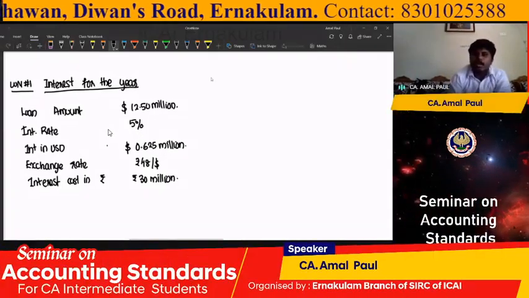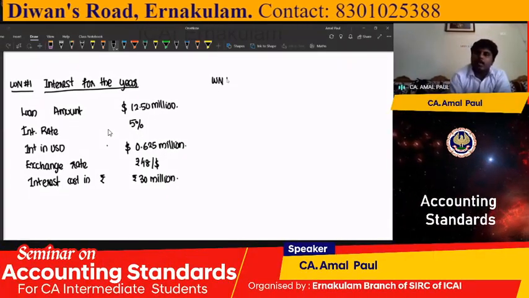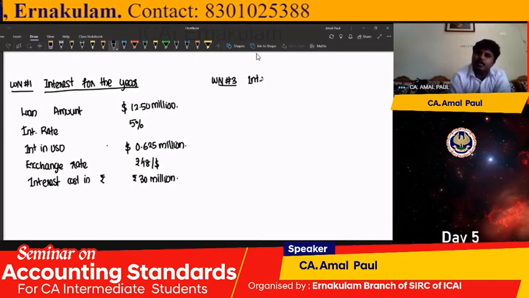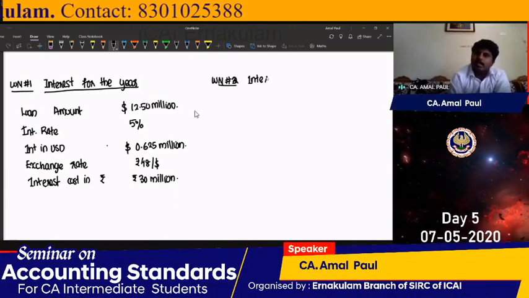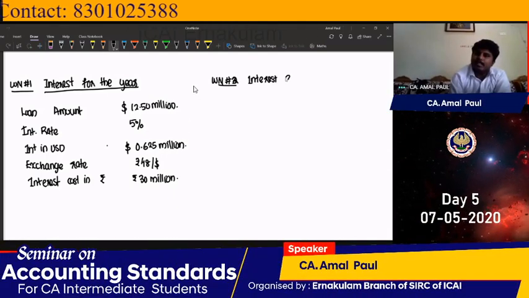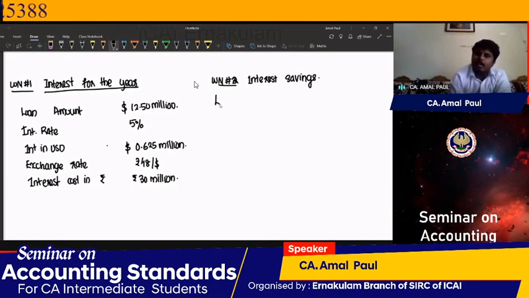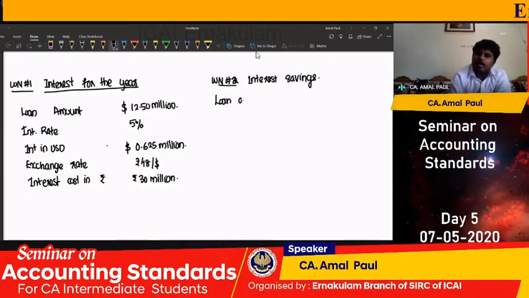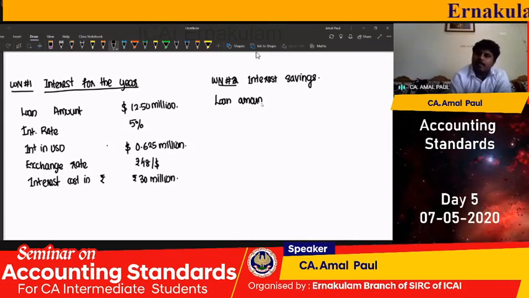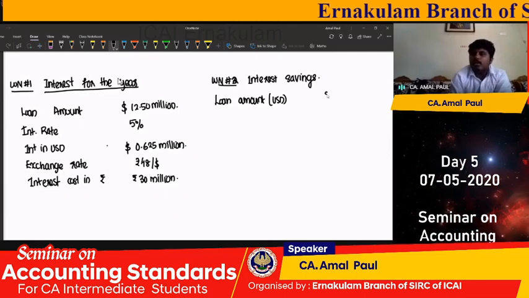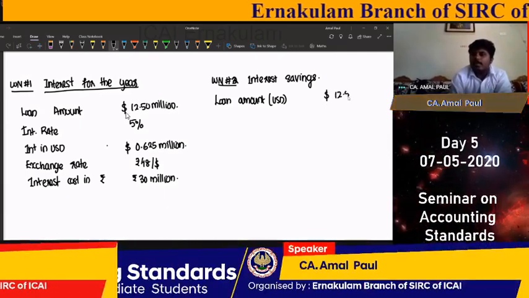Then working note number 2, I am going to compute the interest savings we had made. The loan amount in US dollar is $12.5 million.